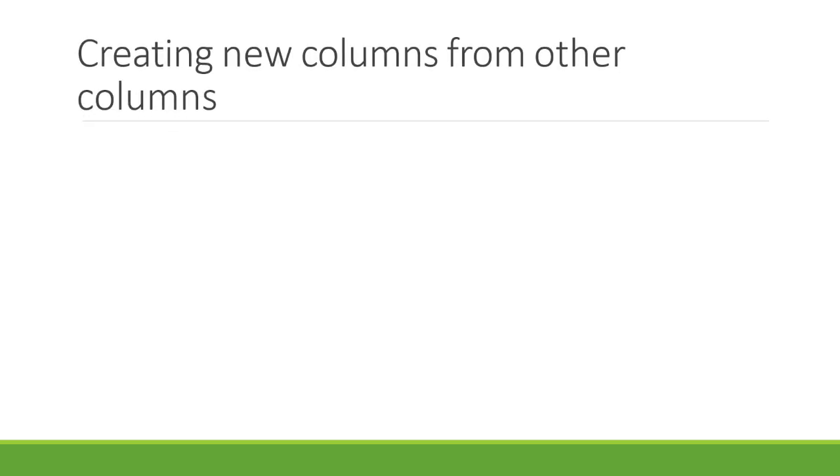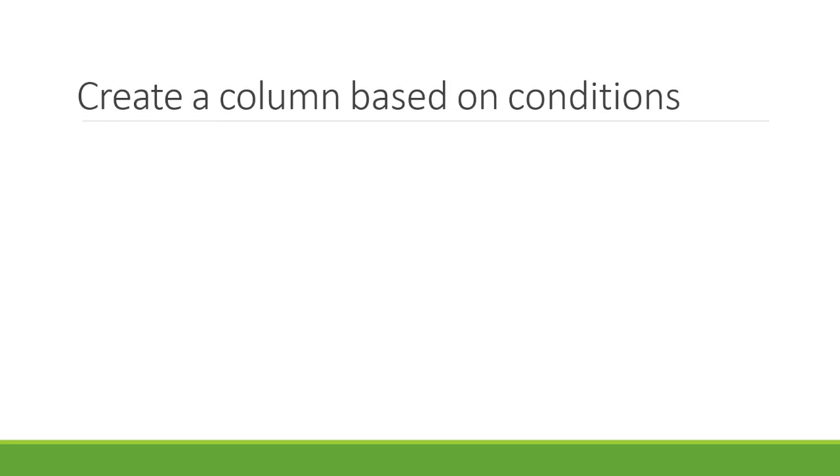Next we have creating a new column from another column. Suppose you want to create a new column from another column. Here we are going to work with how to do that. We have a question: we have car price, right? Now you have to categorize the price into three parts.